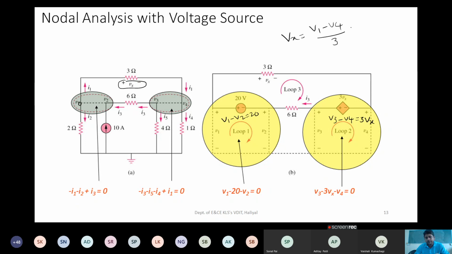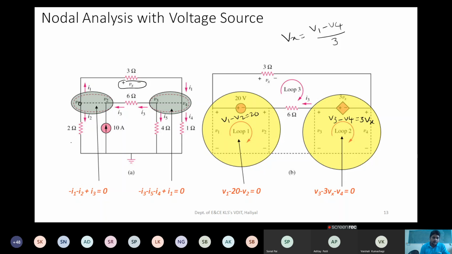So you can think about how to define I1, I2 and I3. I1 is between V1 and V4, so wherever I1 is there, you can write V1 minus V4 divided by 3.